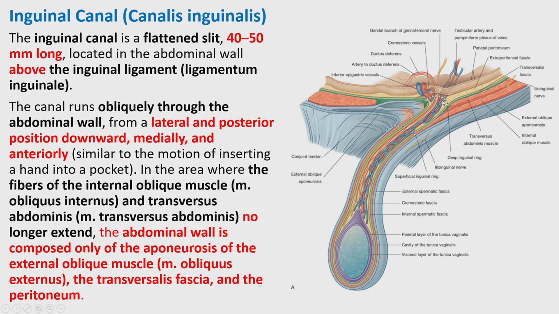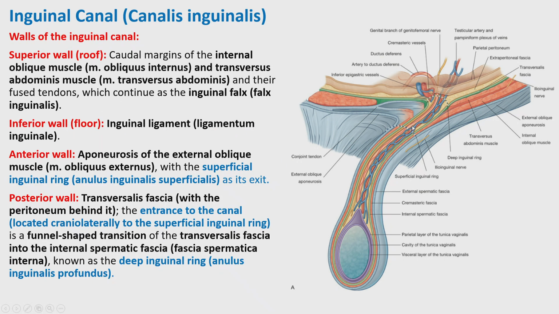It's passing through this inguinal ligament, and if you want to classify the walls of the inguinal canal, canalis inguinalis, the superior wall or the roof is made by the internal oblique and transversus abdominis muscle, which is the continuation of these two.